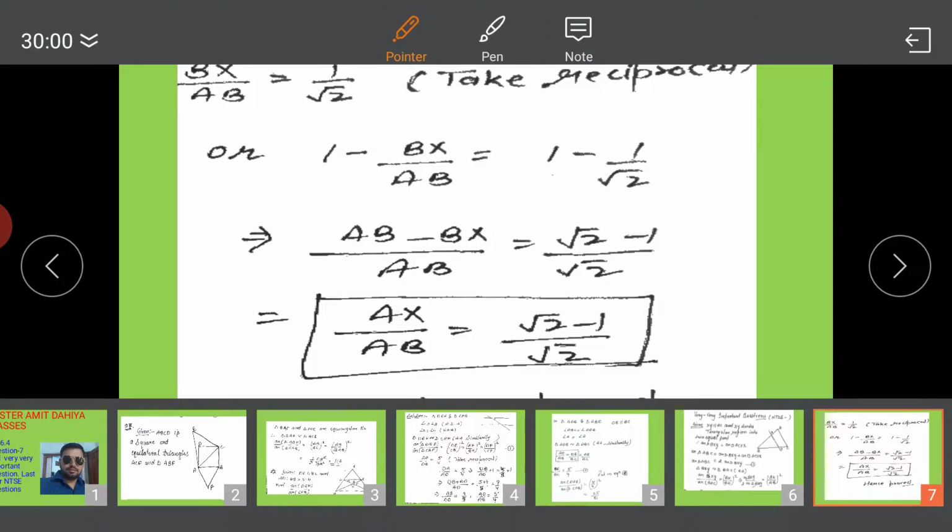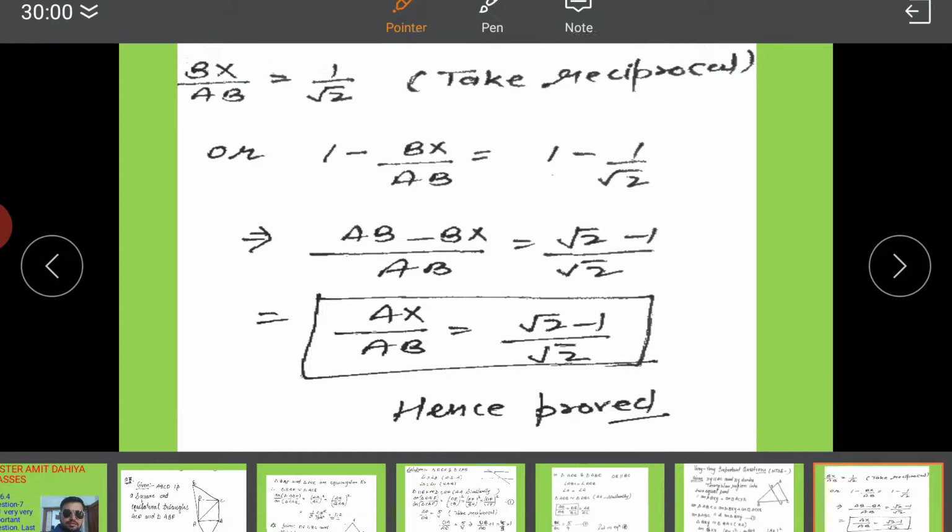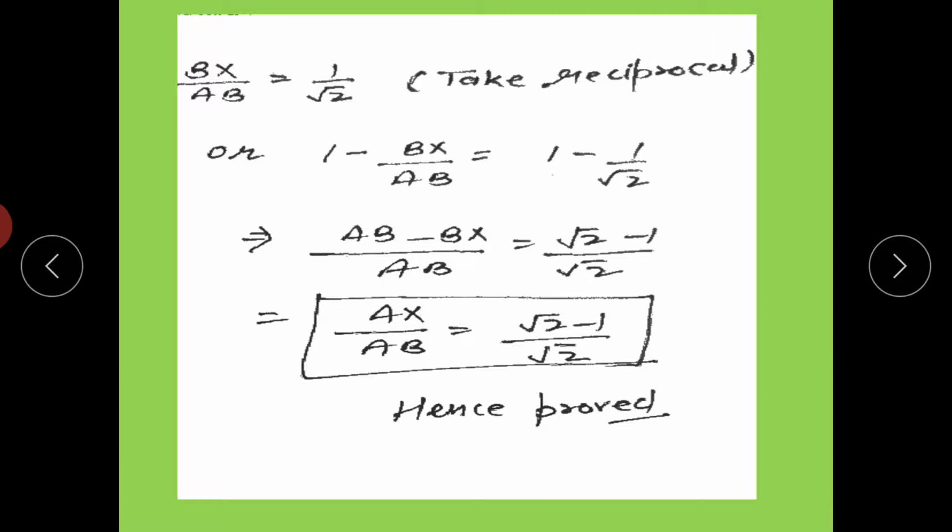So 1 minus BX upon AB is equal to 1 minus 1 by root 2. So taking LCM, AB minus BX upon AB is equal to root 2 minus 1 upon root 2, and then AB minus BX gives us AX upon AB equal to root 2 minus 1 upon root 2. Hence proved. Very good question.